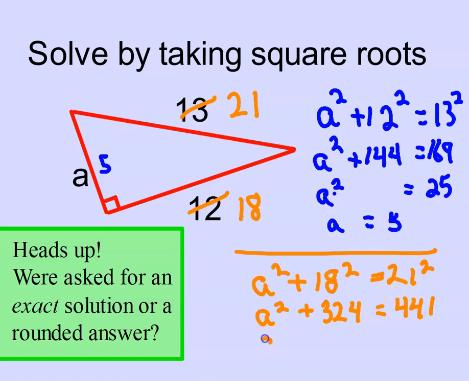Then you would have subtracted 324 from each side, so let me do that. You get 117. Well, there isn't a number that squares exactly to get 117. So what you did is grab a calculator and typed in square root 117 and got your answer of 10.81665383, and then more digits if you've got a big calculator.